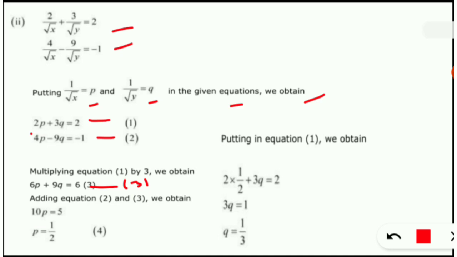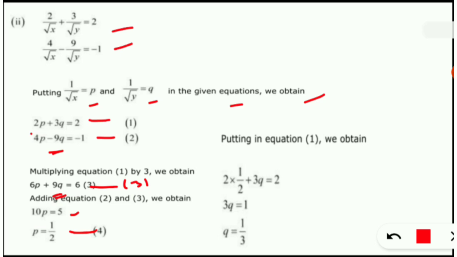So adding equation 2 and equation 3, here is minus 9q and this is plus 9q. That means if we add both equations, minus 9q plus 9q cancel. So here is plus 4p, here is plus 6p, so plus 10p equals 5. So p equals 5 by 10, so p equals 1 by 2. This is equation 4.